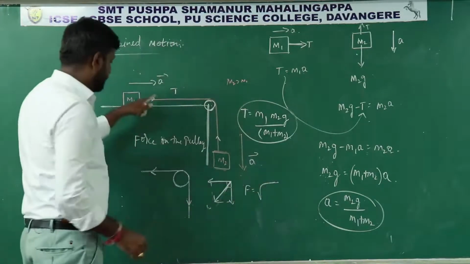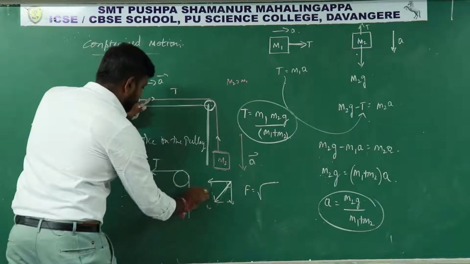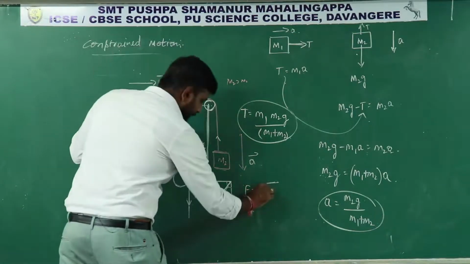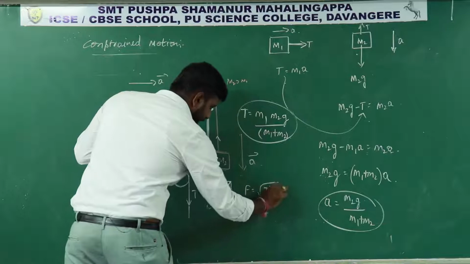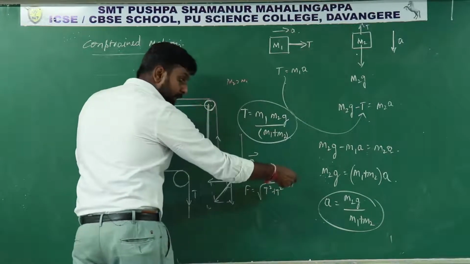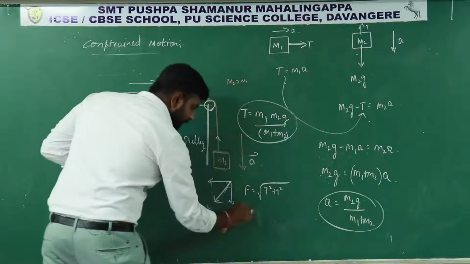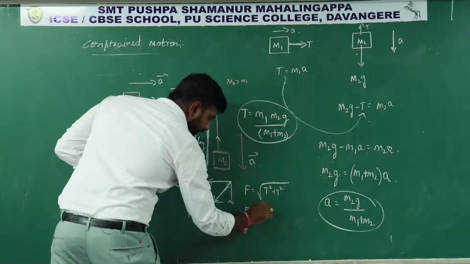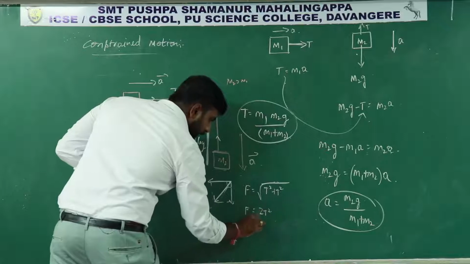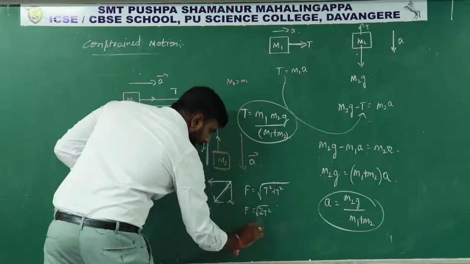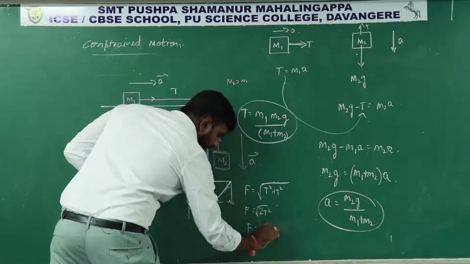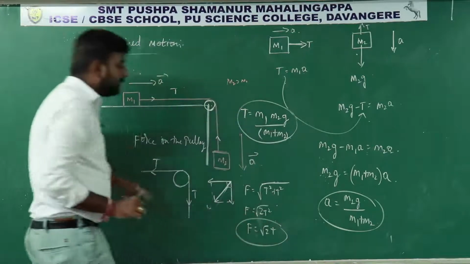This is also T, this is also T, so T square plus 2T square cos 90, which becomes 0. Then it equals root of 2T square, or you can write F equals root 2 into T. This is the force.